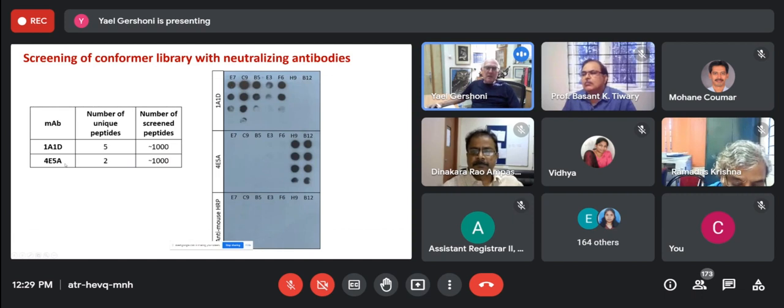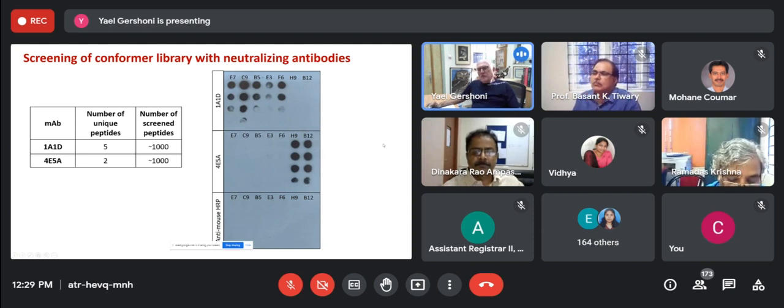And as you can see, Chen was able to isolate a number of constructs after screening thousands and thousands of colonies. And she shows that here we have 5 that bind the antibody 1A very well, and another 2 that bind 4E.